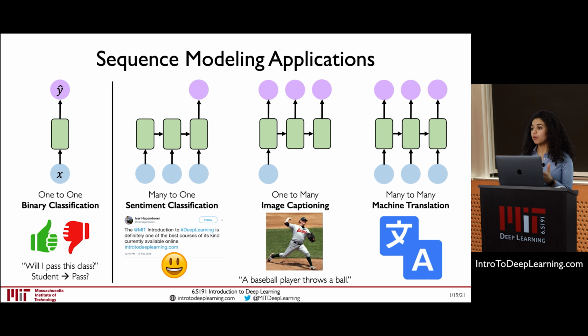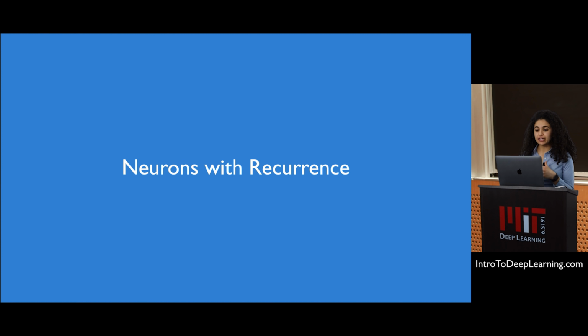All right, so this hopefully gives you a concrete sense of use cases and applications where sequence modeling becomes important. Now, I'd like to move forward to understand how we can actually build neural networks to tackle these sorts of problems. And sometimes it can be a bit challenging to wrap your head around how we can add this temporal dimension to our models.